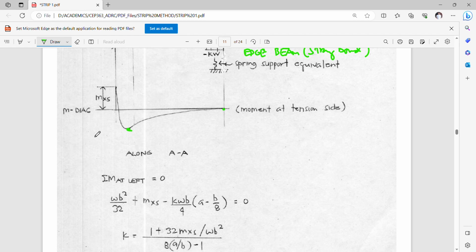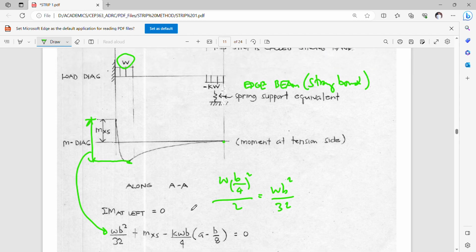So the WB squared over 32 is actually this one here, because this is B over 4. 4 squared is 16 over 2, so we have W times B over 4 squared over 2, so this is WB squared over 32, and then plus MXS minus this one here, KWB over 4 times A minus B over A. So we are taking moments into left support, so the distance from here up to here is the moment arm.